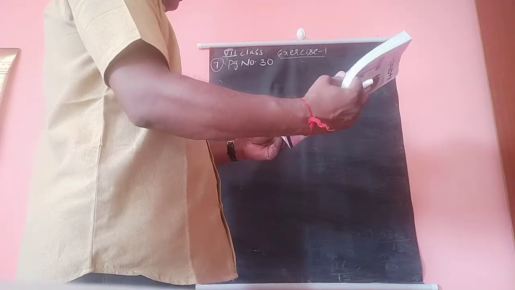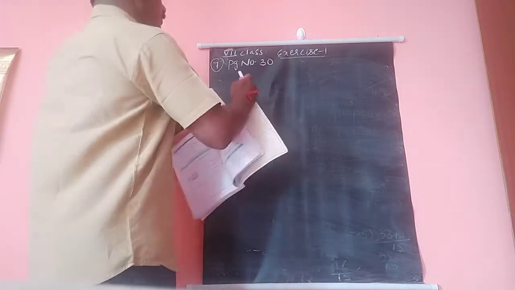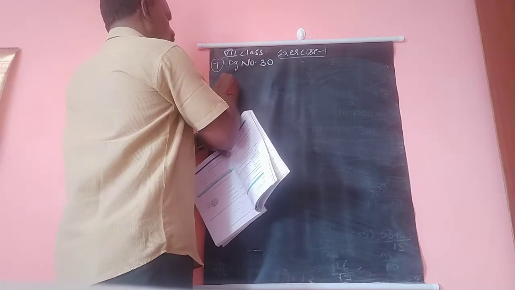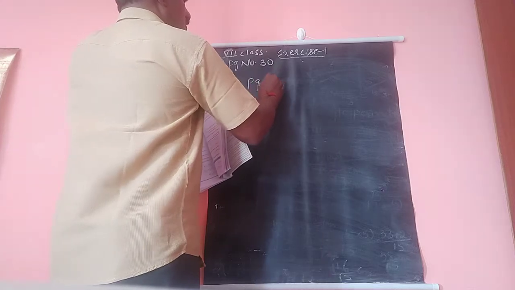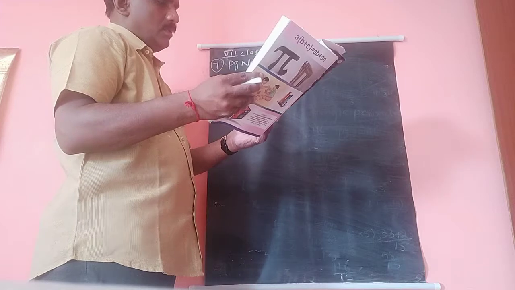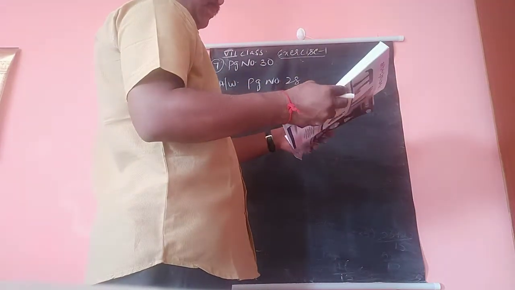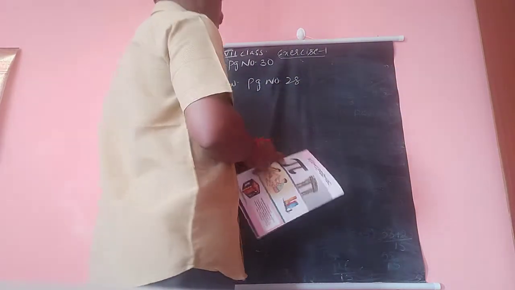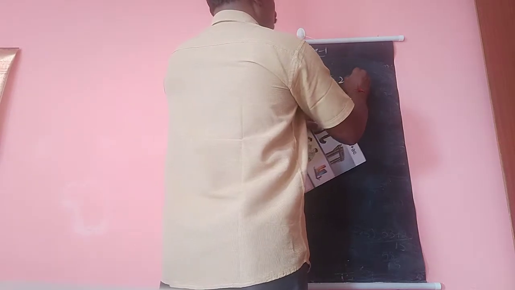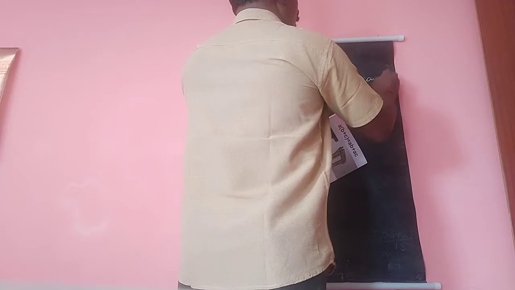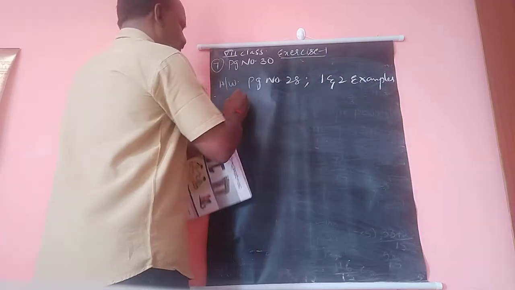Page number 28, homework. Page number 28. First example, second example, third example, we already finished. Page number 28, examples 1 and 2, write in classwork notes.